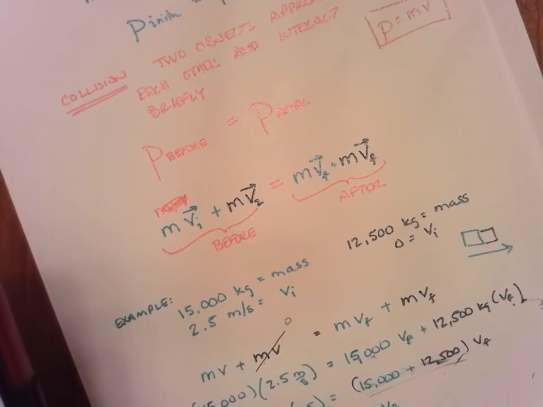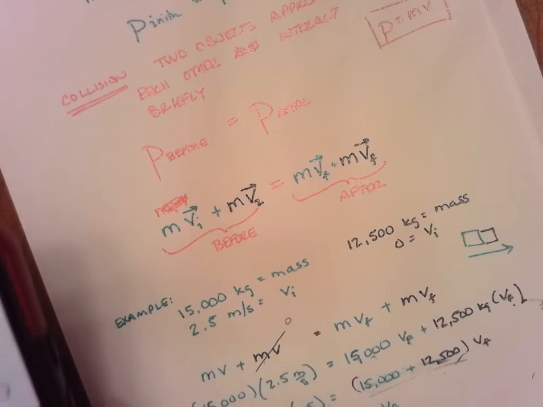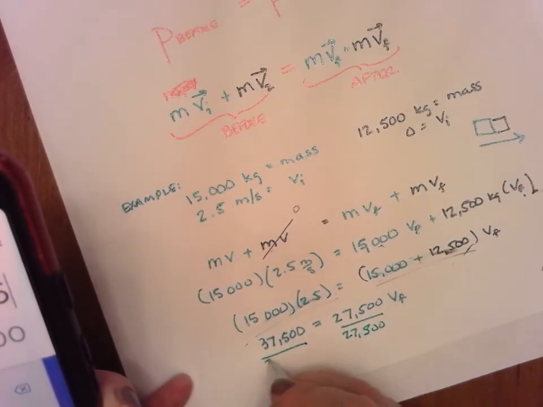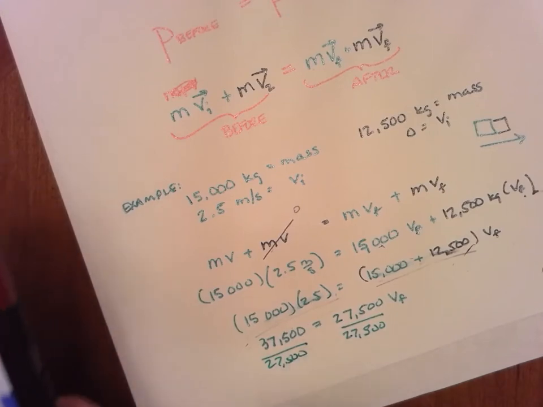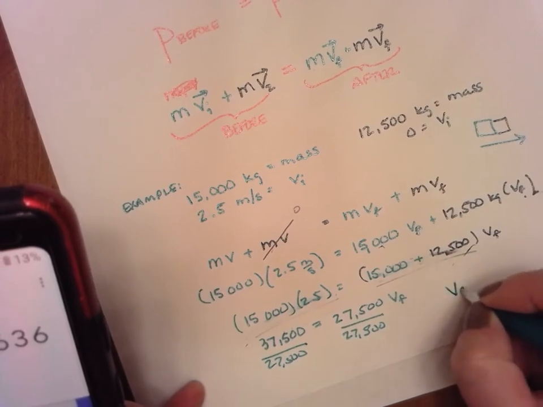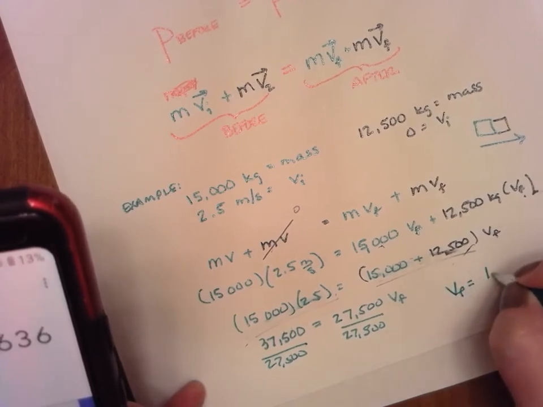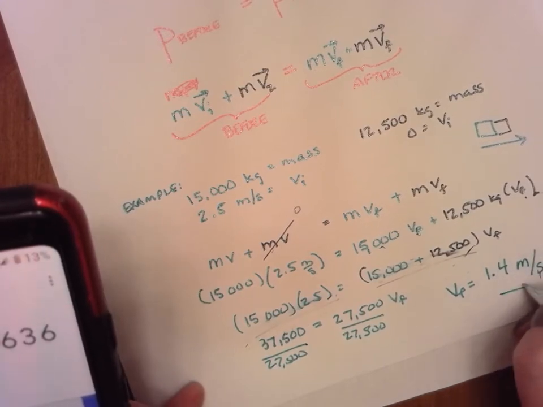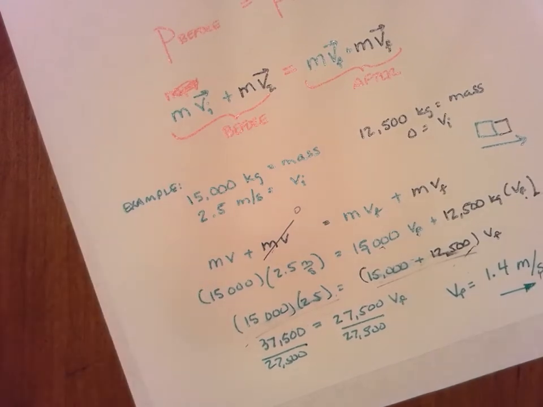If I divide both by 27,500, that gives me that my final velocity is equal to 1.4 meters per second, also going that direction to the right.